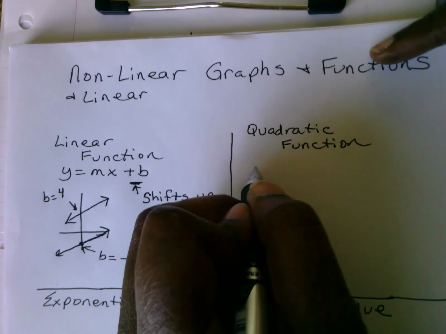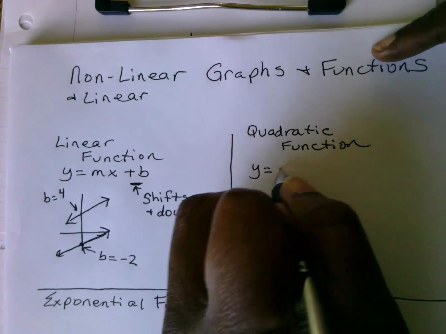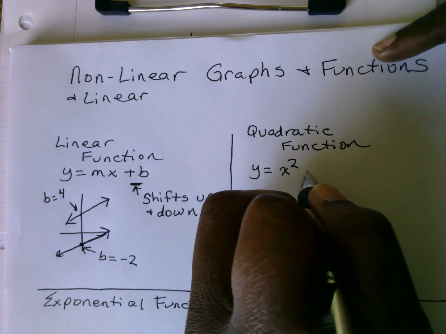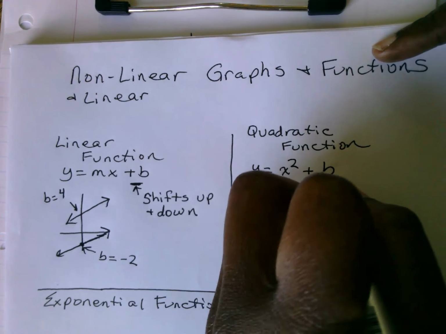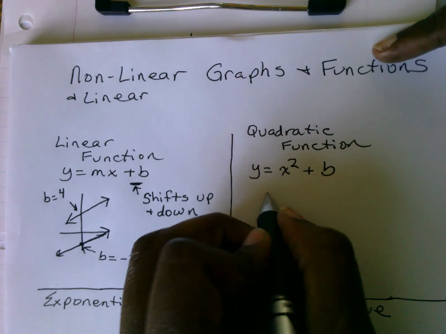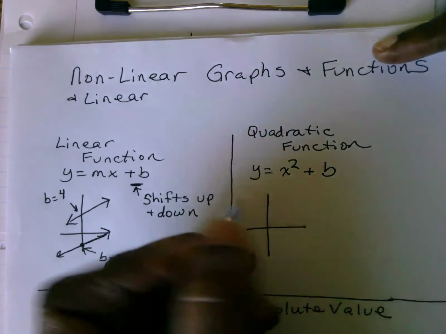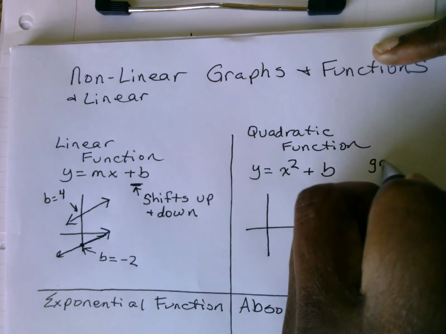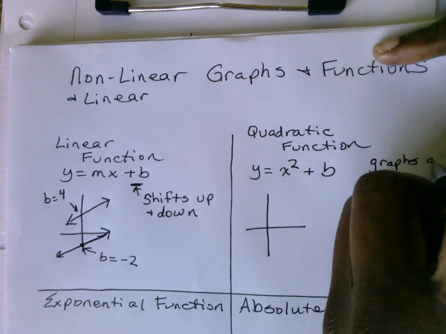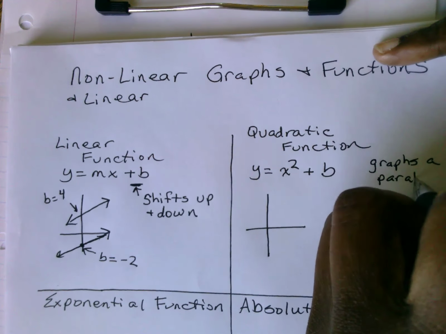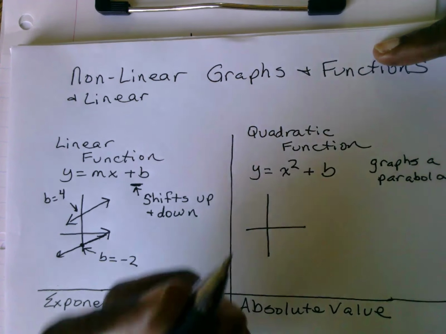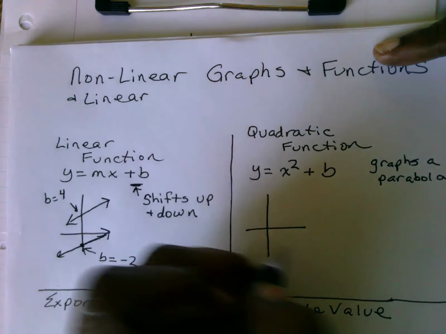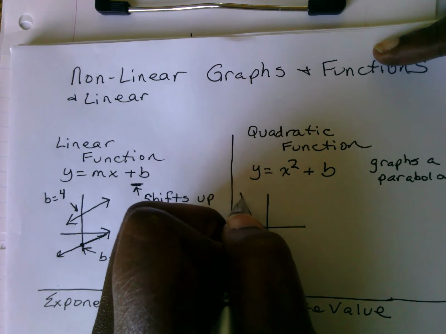All right, on a quadratic function, it is y equals x squared plus b. So a quadratic is a parabola. It graphs a parabola. And a parabola is a U-shaped graph.